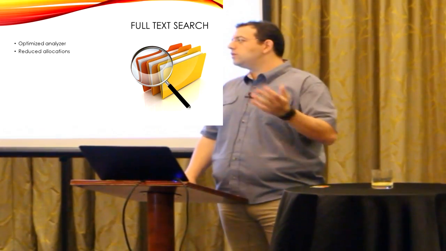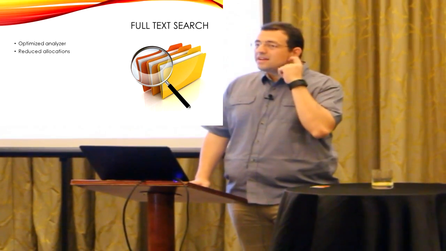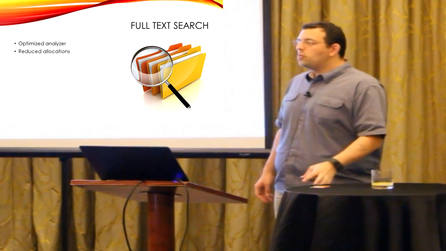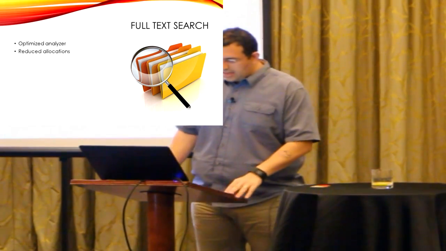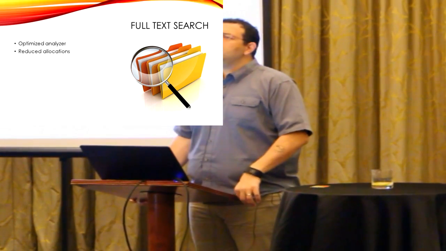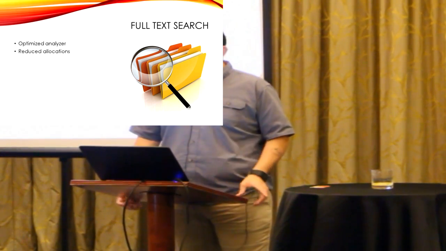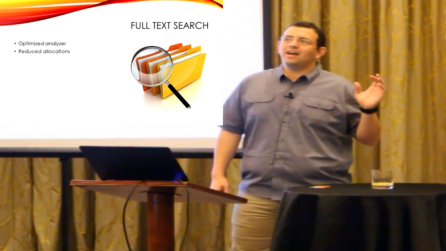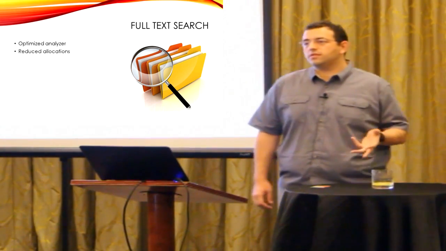Most of you are familiar with the notion of setting a field to be analyzed. Setting a field to be analyzed in Lucene takes 3 different steps. One of them is the tokenization process. One of them is lowering the case of the characters. And one of them is stripping the possessive S, which sounds like a low-level detail that you shouldn't care about, except that this meant that we would have to run over the string 3 times.